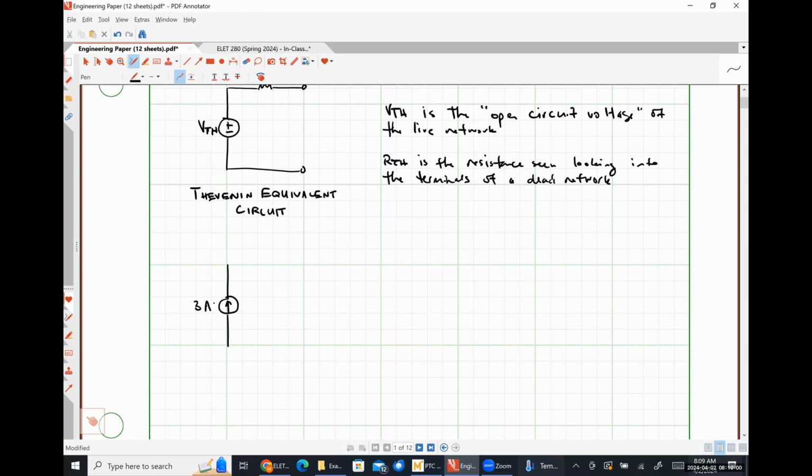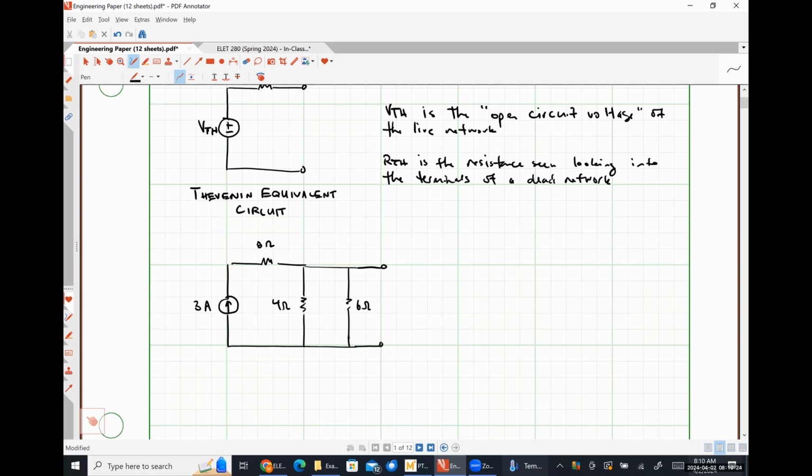So let's say here's a 3 amp source, an 8 ohm resistor, 4 ohm resistor, 6 ohm resistor, and here's our open circuit terminals that we're going to try to find our Thevenin voltage across.